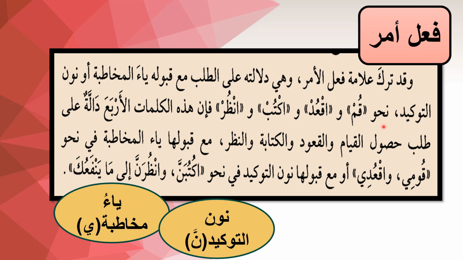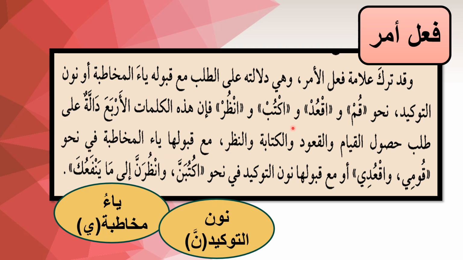So here you can see, for example, qum, uq'ud, uktub, unzur. فإن هذه الكلمات أربعة, in all these four command verbs, you can see دلالة على طلب, it is making a request. حصول القيام means you are making a request for someone to stand or to sit, or kitaba to write, or انظر to look. مع قبولها يا مخاطبة في نحو.